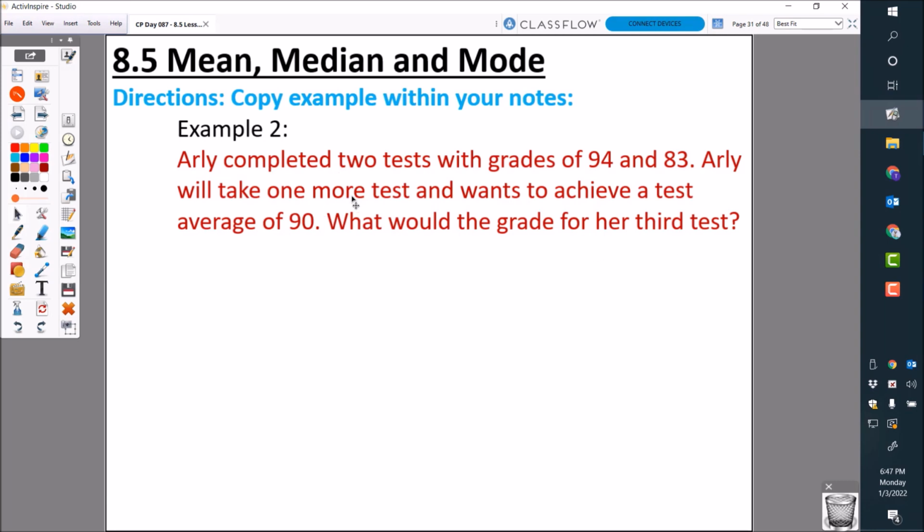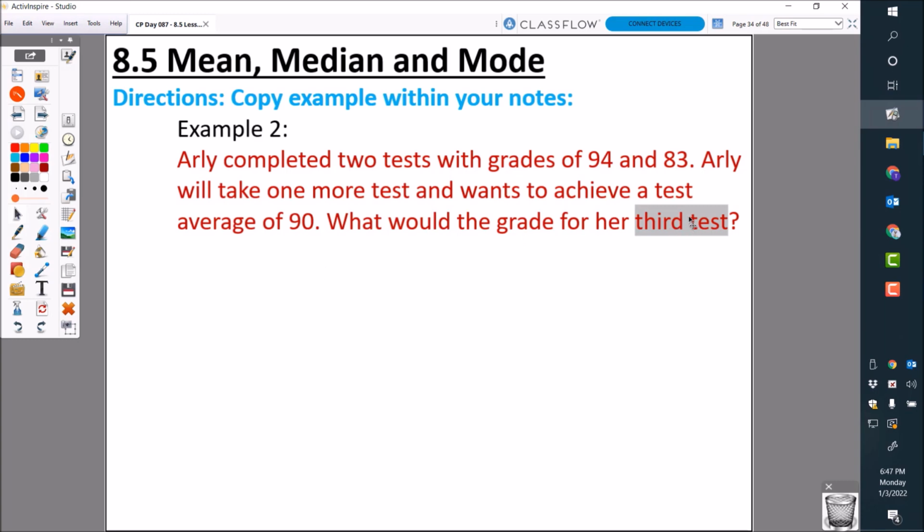So let's analyze the given word problem. The first thing we know is for the two tests, she has grades of 94 and 83. Now, after her third test, she wants to achieve a test average of 90. So the average, that's a key term, what we need to know in order to work this out.